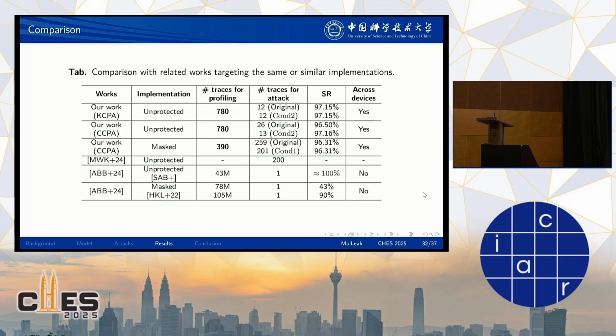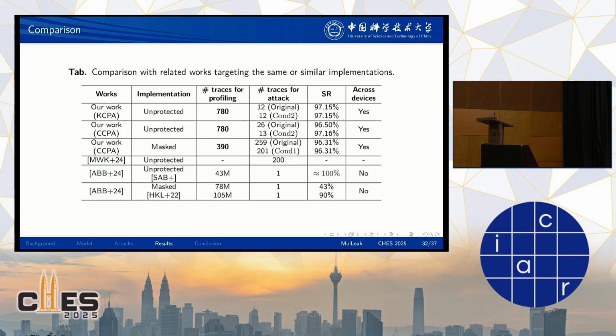Two works target the same or similar implementations as our work. Compared to the work of MWK+24, the authors utilize correlation power analysis to predict the two secret coefficients at once with 200 traces. However, they did not attack the masked implementation, whereas we did.